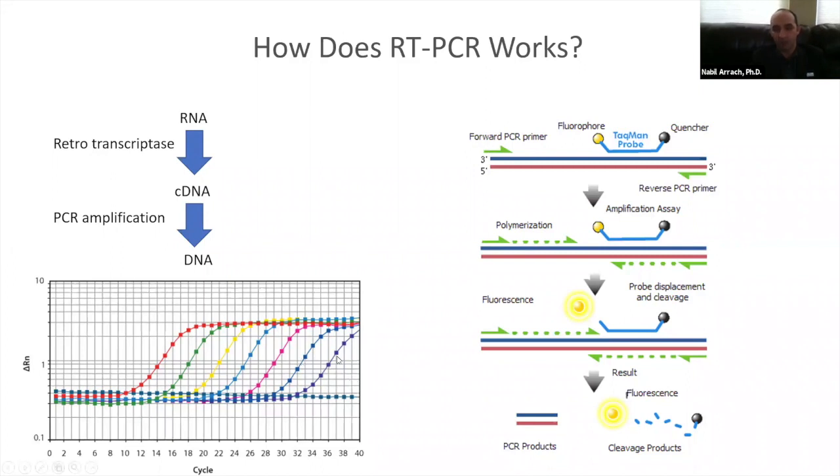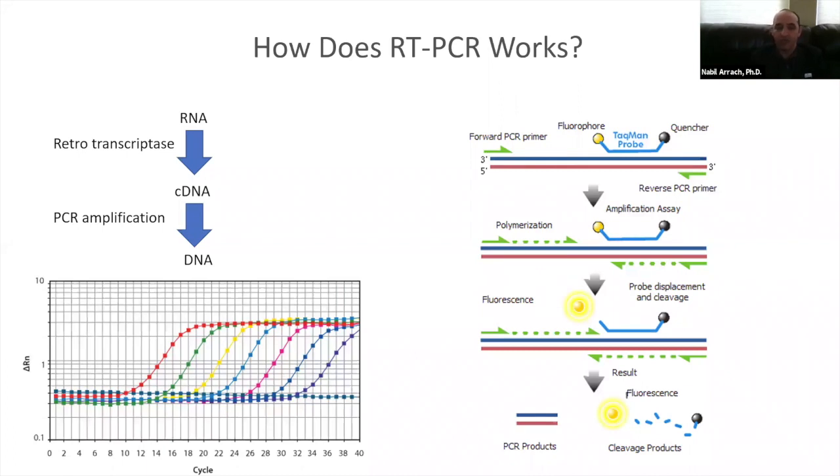For example, if you go to the blue or the purple curve, you can see that the median here is 37 cycles. That means that sample needed a lot of cycles to be detected, and therefore there is not too much RNA in the sample.